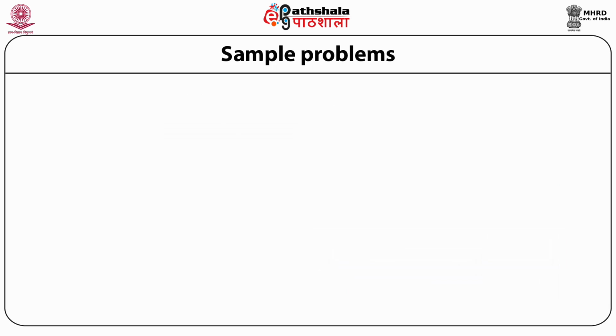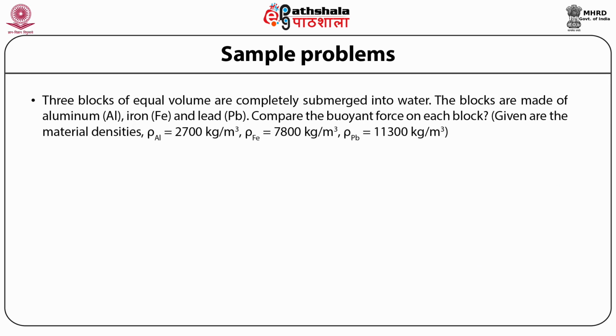In the next sample problem, Archimedes principle has to be used. Three blocks of equal volume are completely submerged in water. The blocks are made of aluminium, iron and lead. You have to compare the buoyant force on each block. What is given here are the material densities. In case of aluminium, it is 2700 kg per meter cube. For iron, it is 7800 kg per meter cube.